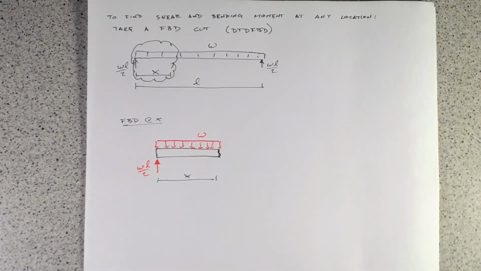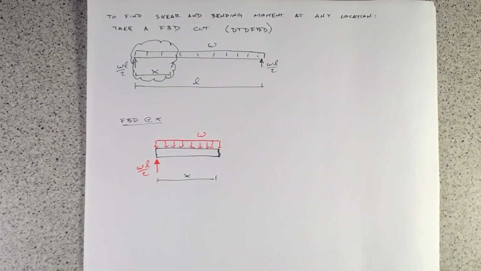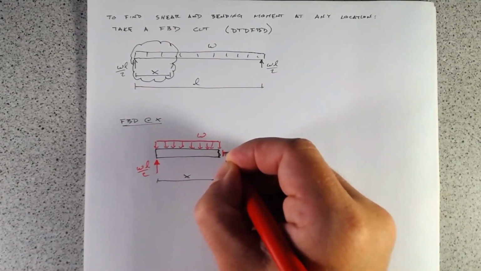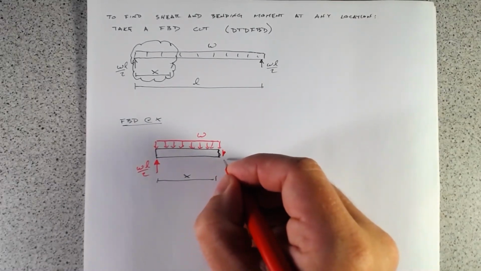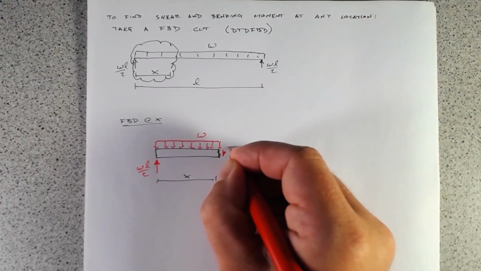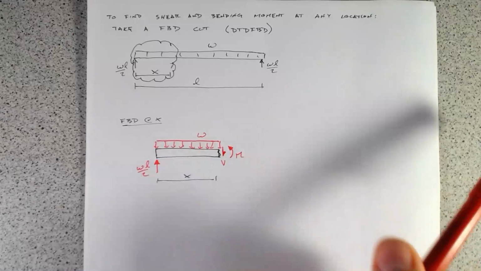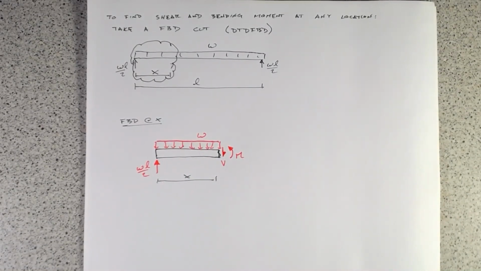And inside here, anytime we take a cut, we're going to expose the internal forces in a structure. So it will have a little internal shear force, and I'm just going to draw that pointing down for now, and we'll have an internal moment, M. So we've got the shear force V. Because the element is in static equilibrium, we can still go back to summing the forces and summing the moments to determine what all of these are and to make sure they are in equilibrium.